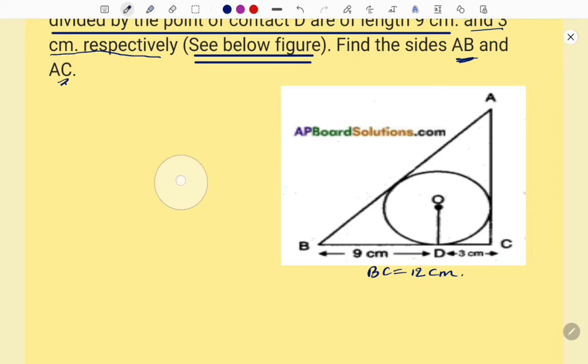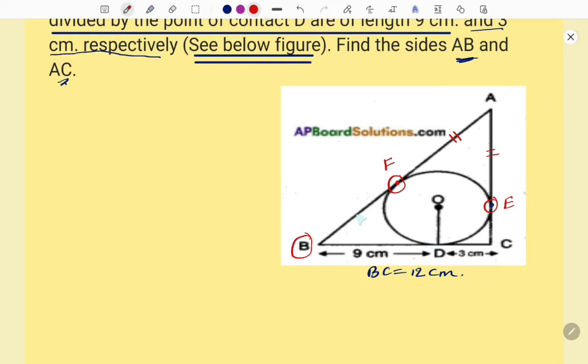By using that concept, I denote this point of contact with E and this point of contact with F. Here A is an external point, so these are the lengths of the tangents, and both are the same. B is also an external point, so these two lengths of the tangents are equal.